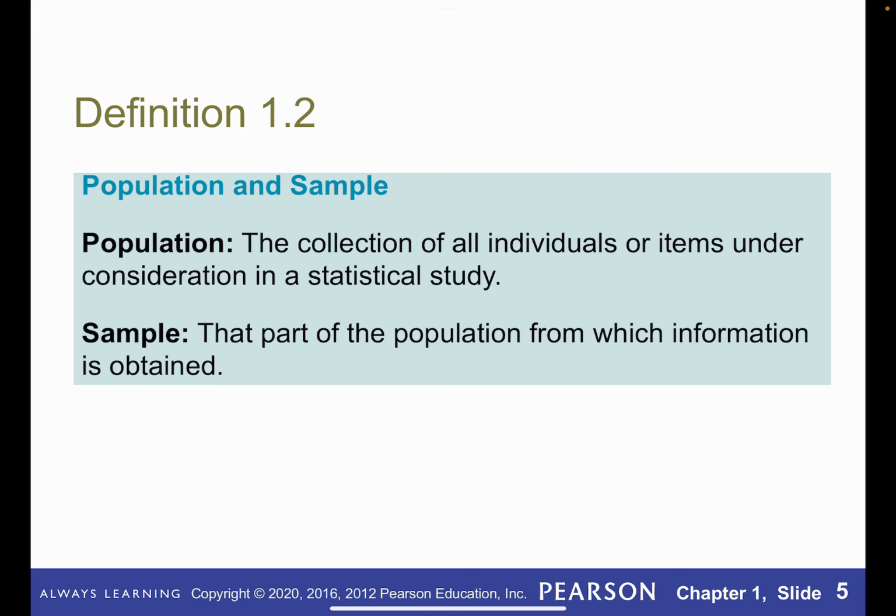A big part of statistics is, what methodologies do we use to learn more about whatever it is that we're interested in? Because most of the time, the set of objects about which we want to know something is just so big, and that set is the population, by the way.